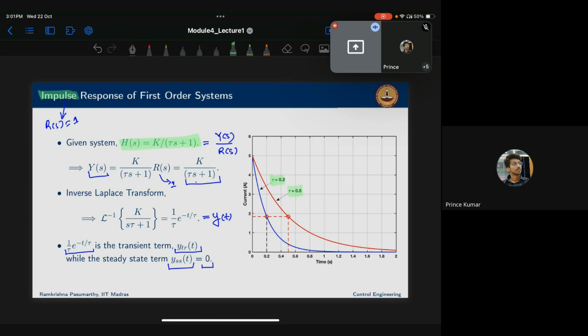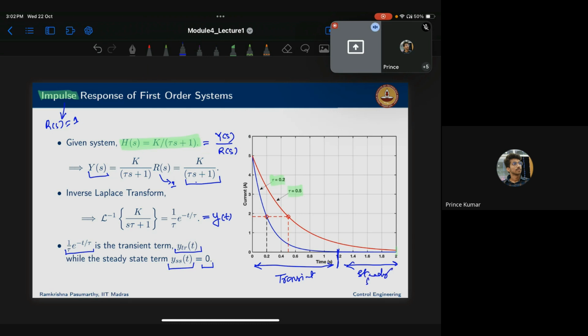When tau is 0.8, the response takes more time. You can see that. Again, for the blue curve, maybe from 1.2 onwards, before that the response has not reduced to 0. We call that the transient response, and this is the steady state response.